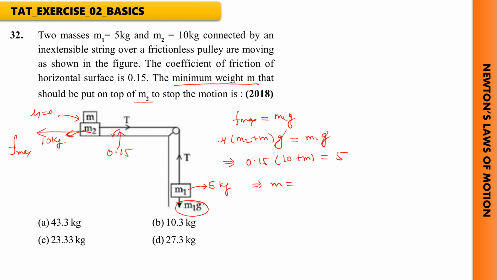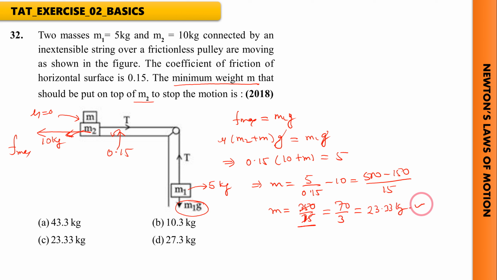Rest is solving. So on simplifying this, we get 350 by 15, which further gets simplified by 5. So 70 by 3, that will come 23.33 kilogram. So this is the mass m required to keep the system at rest.